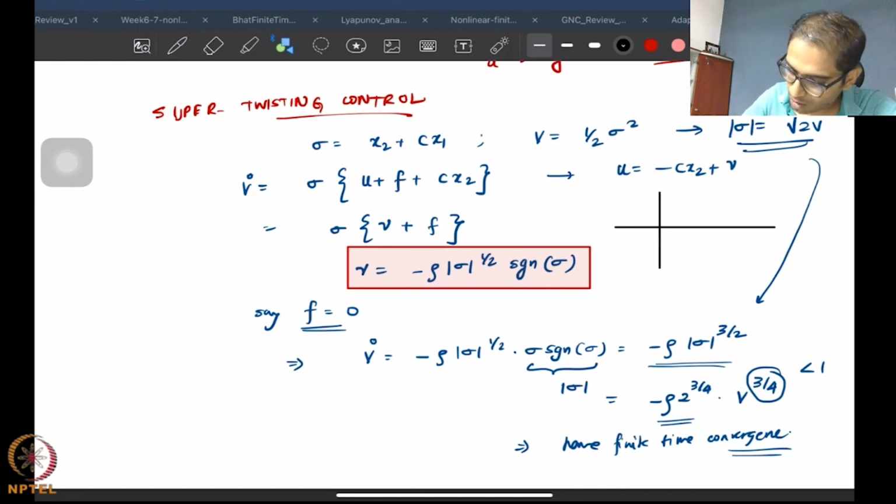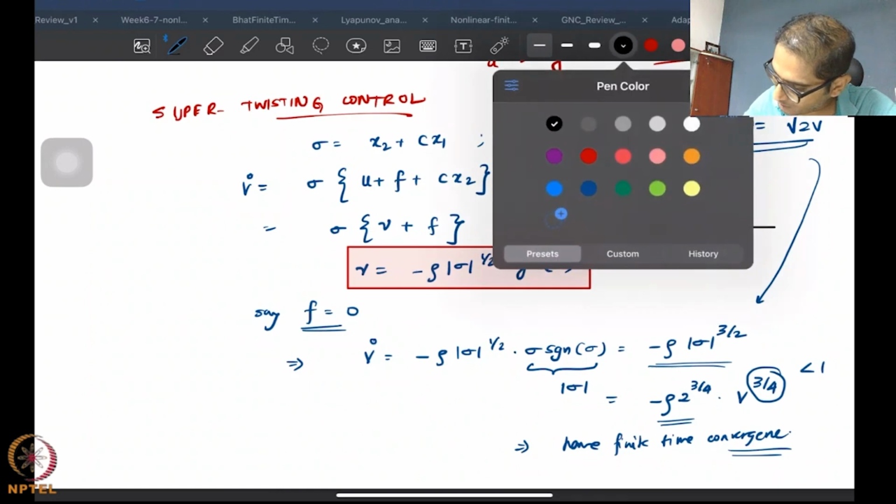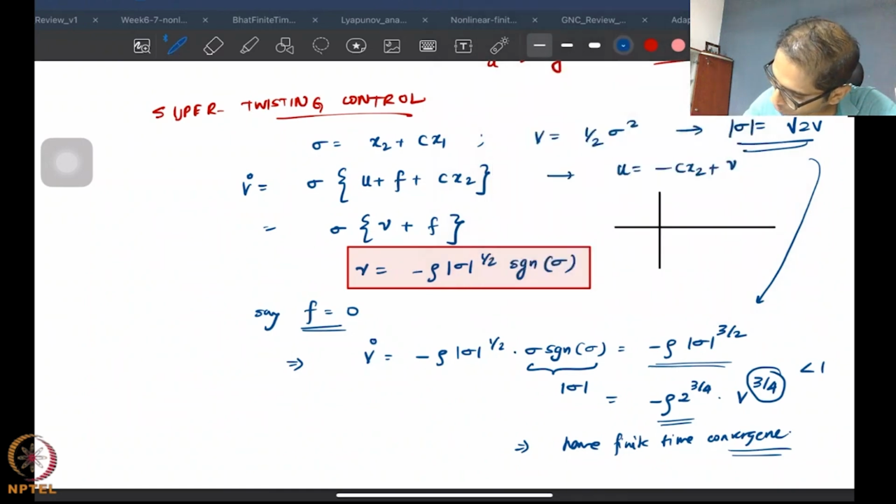It was going to jump between the two values. The earlier control would be something like this, depending on the sign of sigma. So this is the old control.